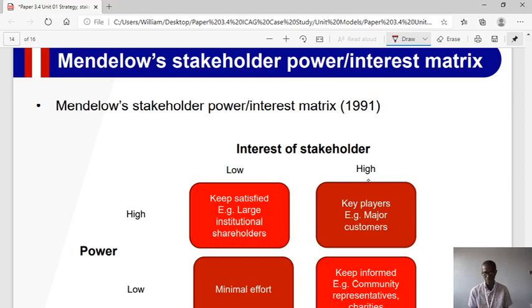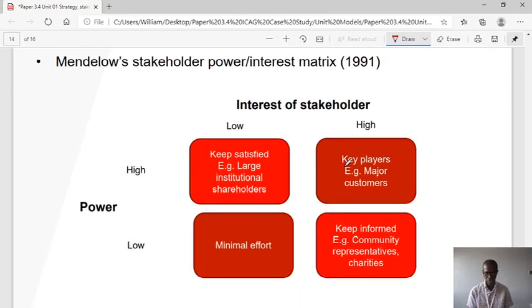But in simplistic terms, we look at the power and then we look at the interest. And then we categorize the stakeholder based on whether they have low power and low interest. If they have low power and low interest, we categorize them under the Mendelow stakeholder matrix as minimal effort.